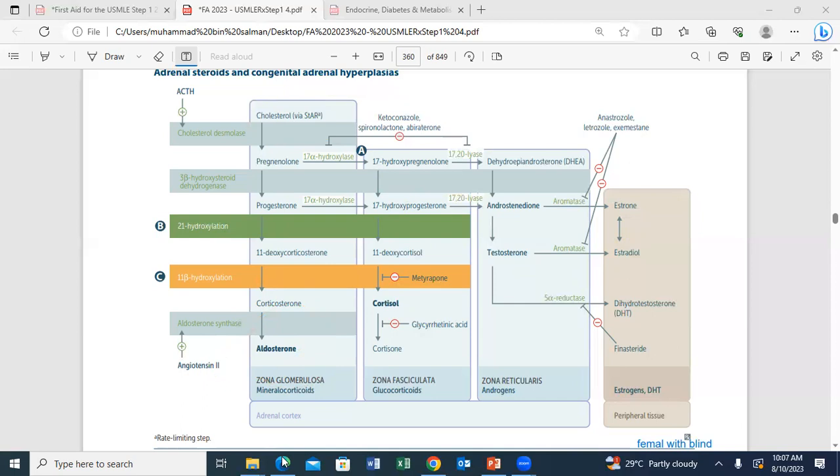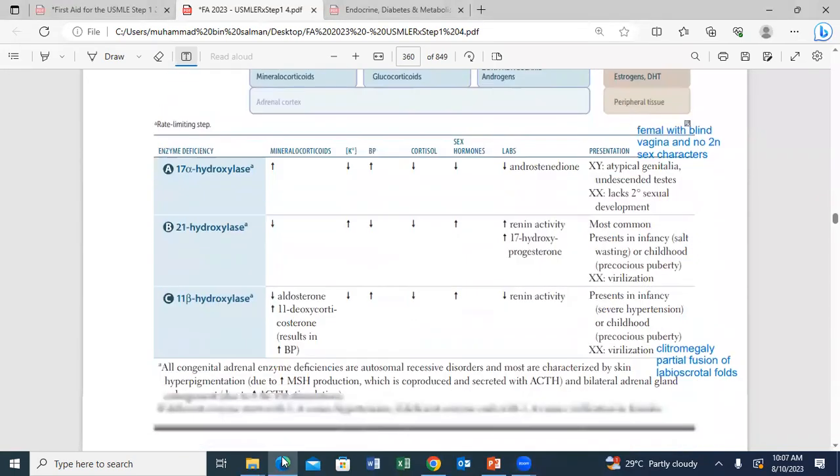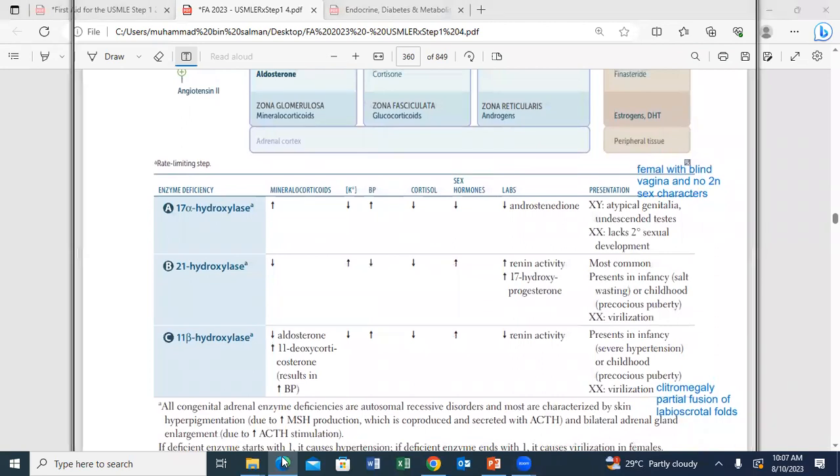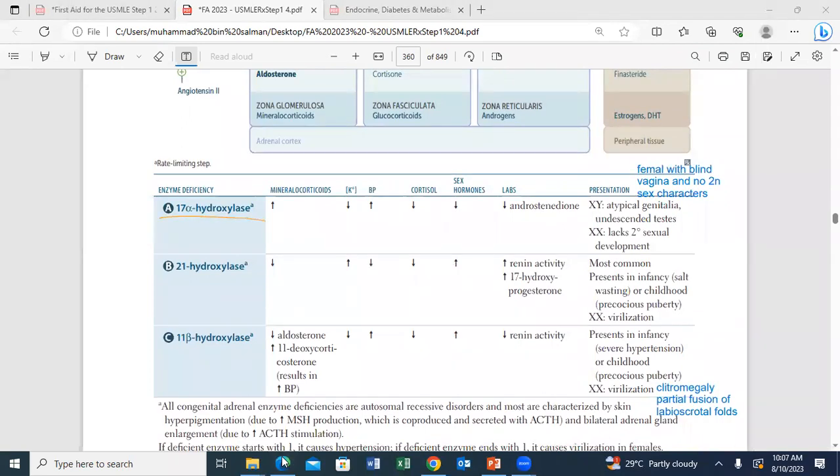So now let me show you the table. It's time you should have a look at this table. So this is the table in which we have three kinds of deficiencies. 17 alpha hydroxylase can be deficient, 21 hydroxylase can be deficient, and 11 beta hydroxylase can be deficient. I just discussed the 17 alpha hydroxylase deficiency in which we saw that there is increased production of aldosterone, and you can see mineralocorticoid is increased, and this increased mineralocorticoid increases the sodium resorption, which will increase the blood pressure.